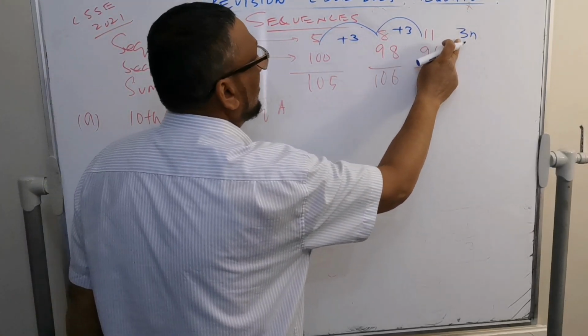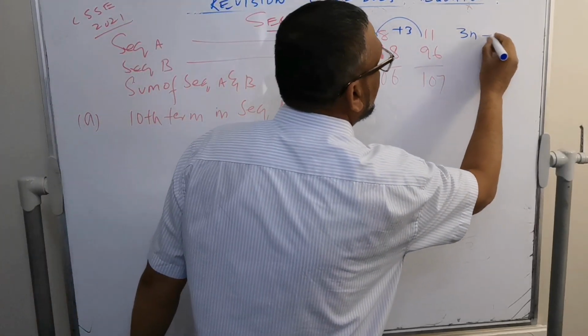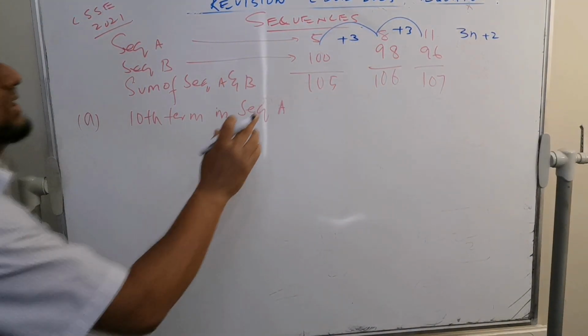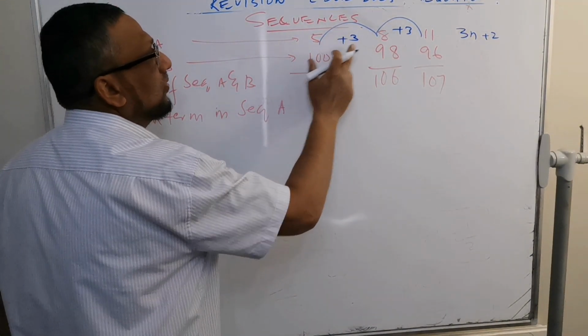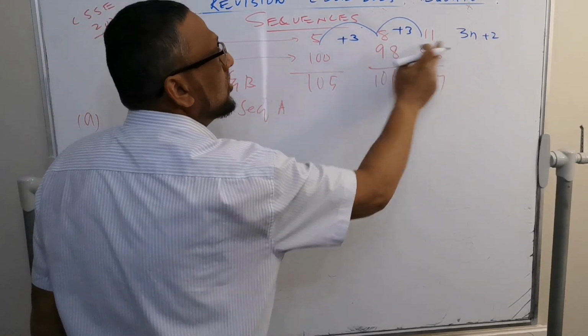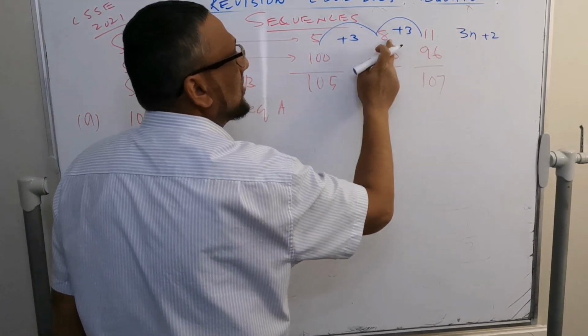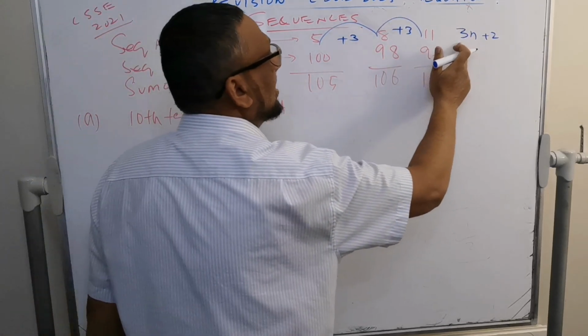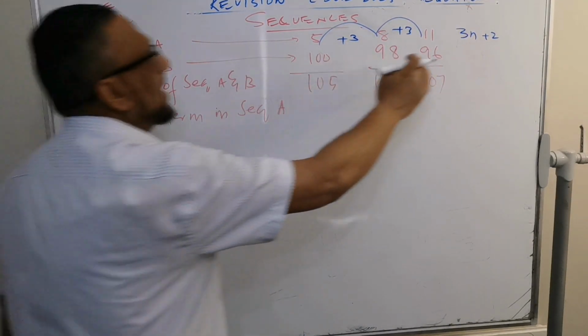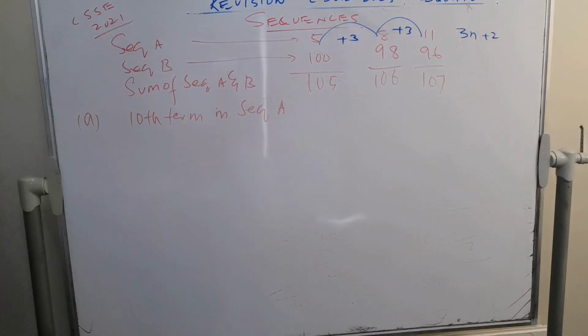So 5 take away 3 is 2, so I can write here plus 2. So I can verify as well. So 3 times 1 is 3, plus 2 is 5, 3 times 2 is 6, 6 plus 2 is 8, and 3 times 3 is 9, 9 plus 2 is 11. So it means the sequence A formula is 3n plus 2.